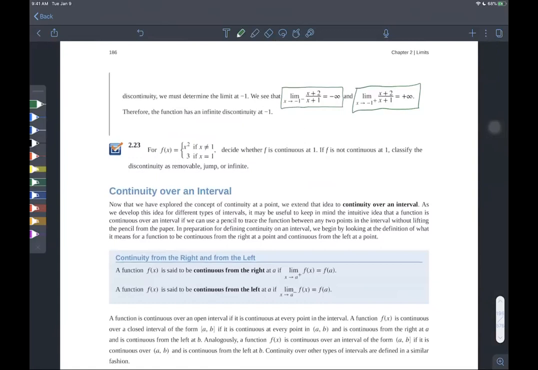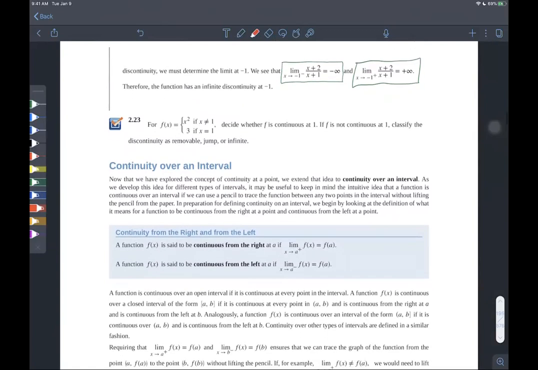In preparation for defining continuity on an interval, we begin by looking at the definition of what it means for a function to be continuous from the right at a point and continuous from the left at a point. Okay, so let's go ahead and take a look at that definition. Continuity from the right and from the left.